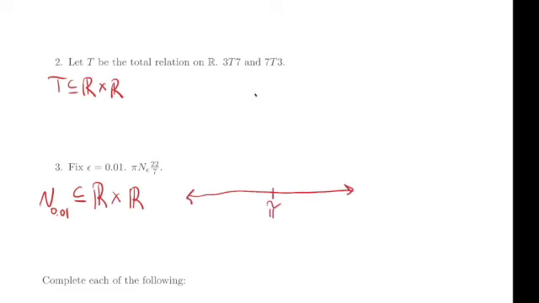If it helps, the first one is pi, and we're going to consider whether the second value is within 0.01 of pi. All of these values in here would be related to pi. All of these values that are outside would not.